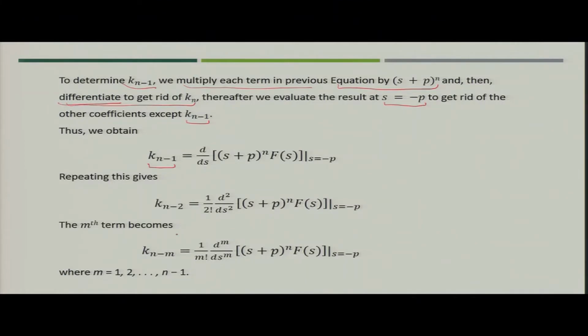In general, for the mth term, K_(n minus m) is given by 1 upon m factorial and then the mth derivative of (s plus p) to the power n F(s), evaluated at s equals minus p.